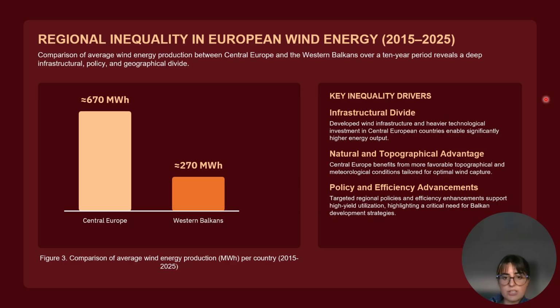Developed wind infrastructure is heavier in Central Europe than in the Western Balkans. Central Europe also benefits from more favorable topographical and meteorological conditions, and regional policies and enhancements support it more compared to the developing strategies of the Western Balkans.